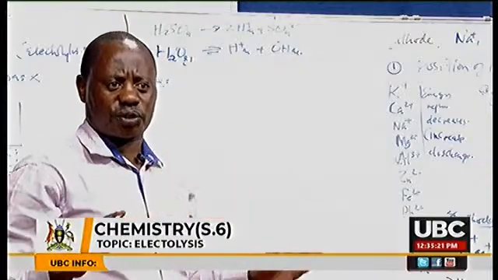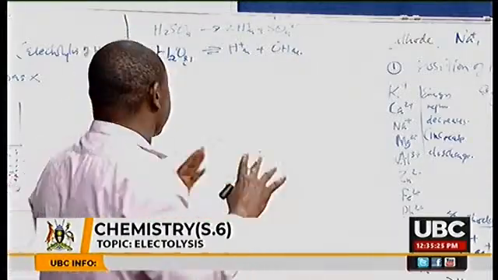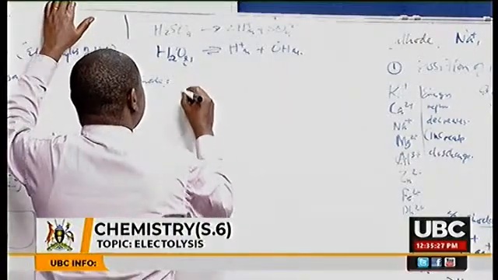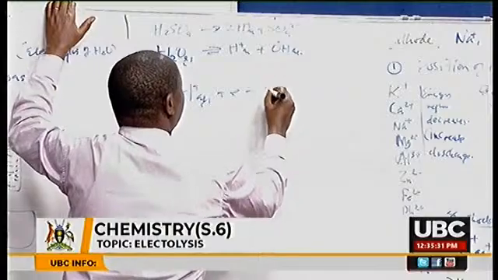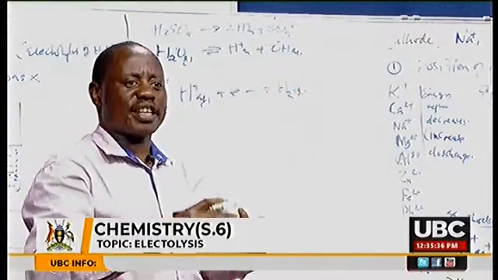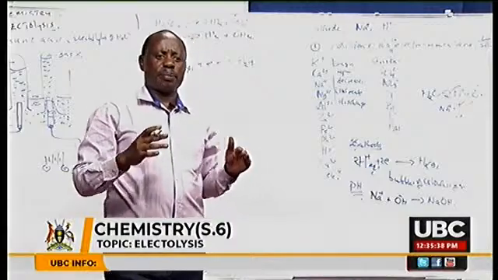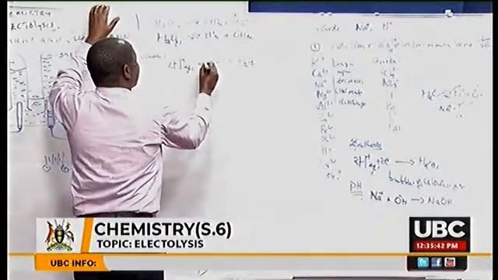There is no selection of ions. So at the cathode, the hydrogen ions are discharged by gaining electrons to form hydrogen gas. We shall see bubbles of hydrogen gas. And when we balance, this is 2 and this is 2.